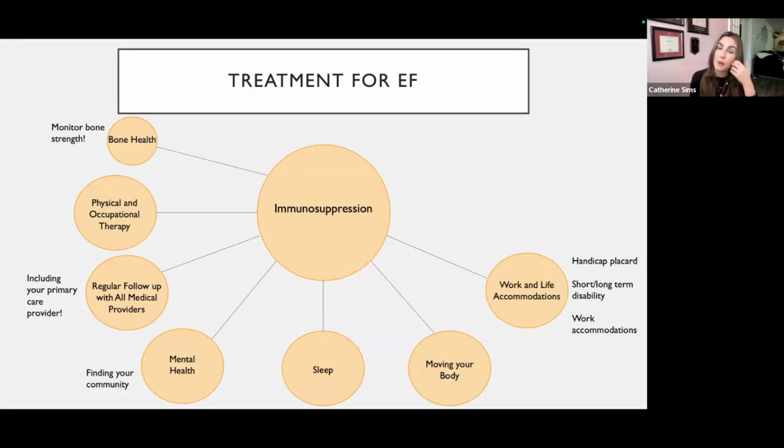Work and life accommodations. So these are just some ideas. If you feel like things like getting a handicap placard or asking for short or long-term disability, if you are having to undergo a lot of diagnostic testing and you need time away from work, you can ask your providers to fill out forms that your HR, your human resources division, can provide to say, hey, this patient needs time off in order to work up this diagnosis.